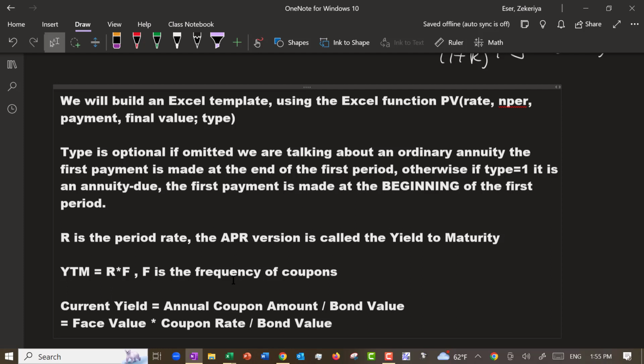And the purpose of current yield is kind of to be able to make comparisons with stocks. Stocks have a concept called dividend yield, which is expected dividends over the next calendar year divided by the current value of the stock.